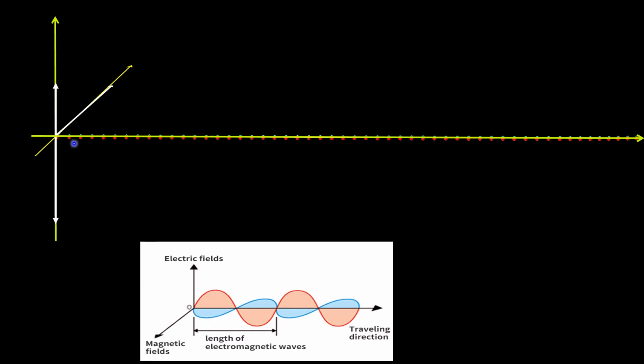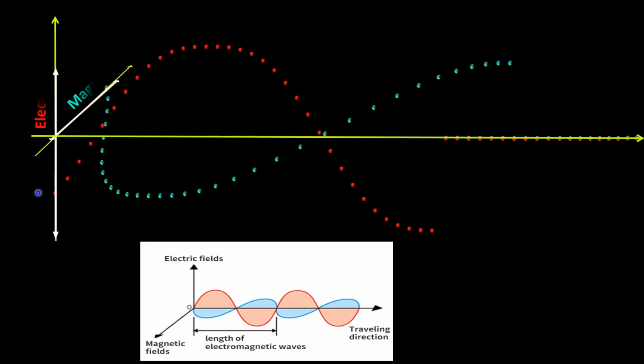Here I have taken some points to show how the electric and magnetic fields vary, but don't think that they are particles really oscillating in an electromagnetic wave. In an electromagnetic wave, no particle oscillates physically. Just to show the formation of the wave, I have taken these points.